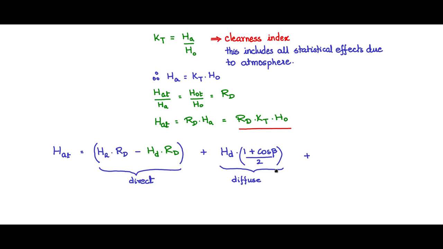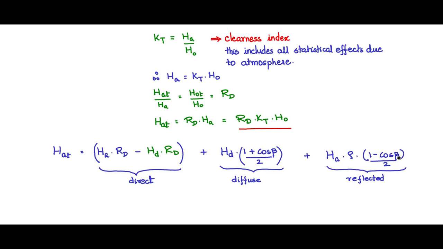Plus let us include the reflected component also. So it is a small fraction of HA. So in this rho is called the reflection coefficient. It is a value much smaller than 1, and 1 minus cos beta by 2. This is the reflected part, and this is also an empirical relationship, and it goes by this argument.